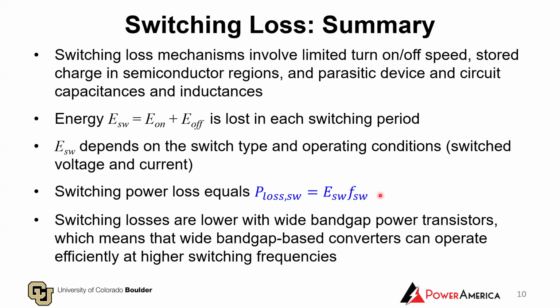The answer to that is going to be clear in the next segment, where we talk about the size of the passive components. The higher the switching frequency is, the smaller those components are, and that's going to be the trade-off that we are working on when we design practical switching converters.